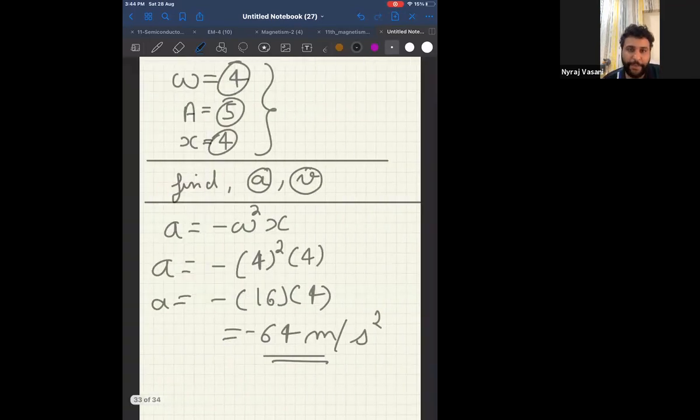Same question. Can you find out maximum acceleration and maximum velocity? Or in other words, listen to me, I'll tell you my final intention only. Can you find out time period?